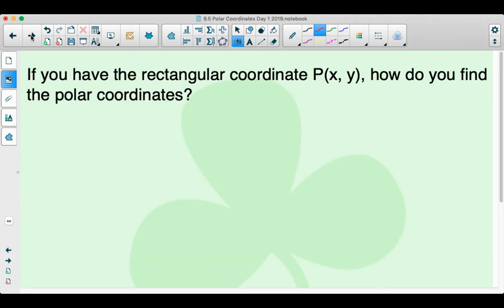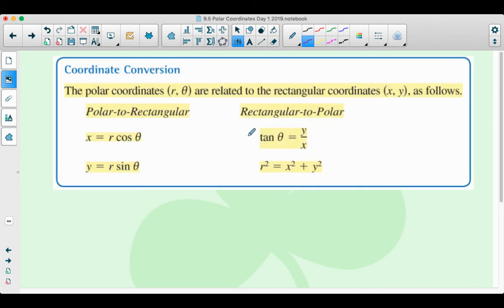So if you had the rectangular coordinates, how do you think you would find the polar coordinates? In order to find the polar coordinates, we need to find some R value, and we need to find our theta. If we're switching from rectangular to polar, we're going to use these.